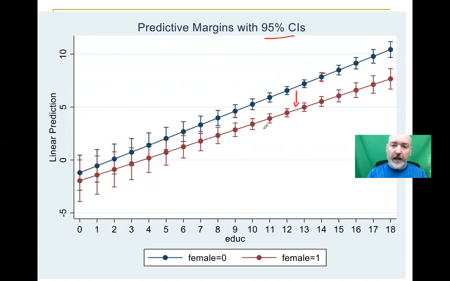And it's a little bit flatter. That's the part that's a little bit hard to see. But that difference in slope is going to be coming from the interaction term. So you can create all of this with multiple predict commands and a twoway scatter plot command.